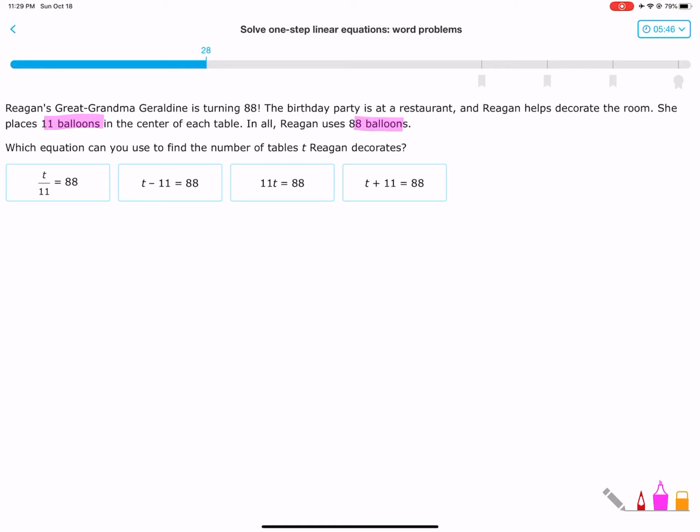So, T's tables and 11 balloons. So 11 times the number of tables equals 88 balloons. How do we solve that?